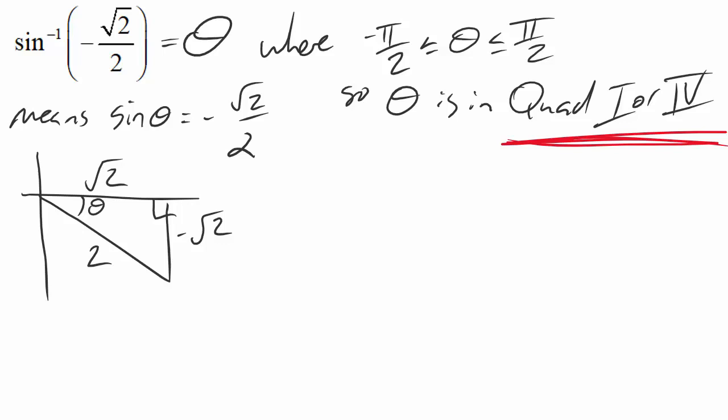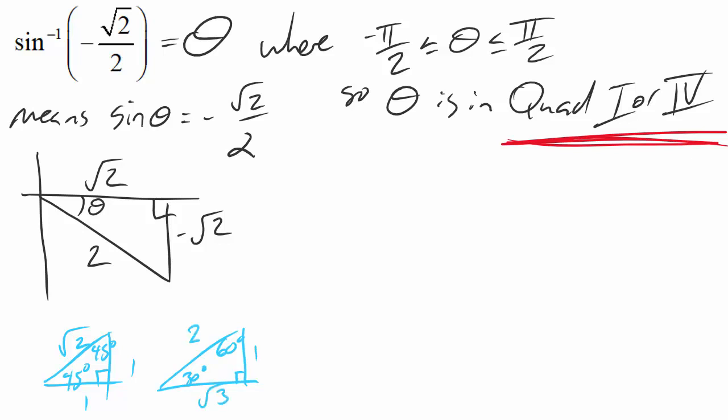Now with the 45-45-90 triangle, I'll just draw this as if it were in quadrant 1. Our sides are 1, 1 and square root of 2. And for the 30-60-90 triangle, we have sides of 1, square root of 3, and 2.